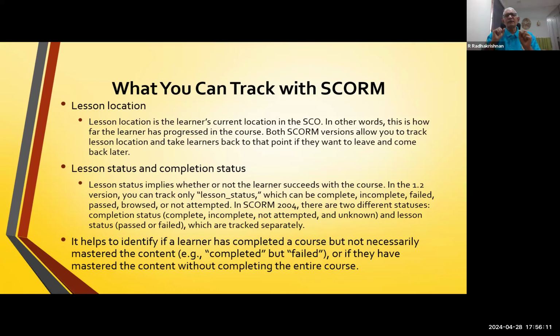There are two versions of SCORM: SCORM 1.2 and SCORM 2004. In each of these versions, you can track the lesson status, whether it is complete, incomplete, not attempted, unknown. These kinds of things are built into the system because they are SCORM compliant. And whether the learner has passed or failed can also be tracked.